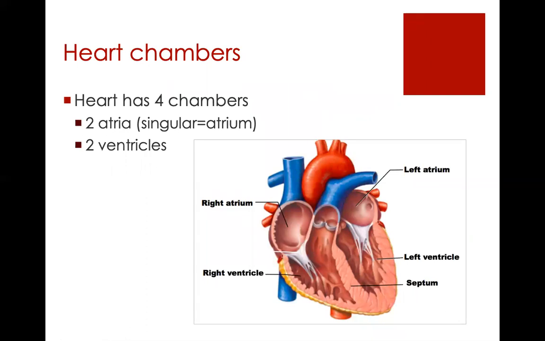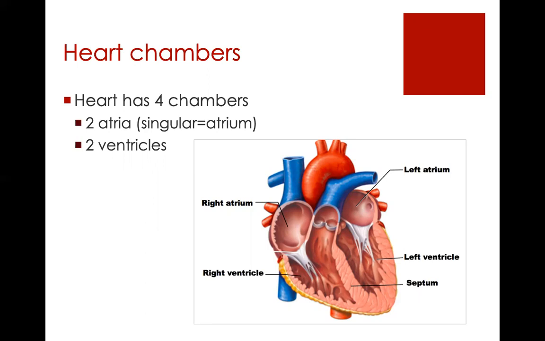So let's go ahead and dive in now into the 4 main chambers that make your heart a very strong pump. Regardless of whether you're looking at the right side versus the left side of the heart, you have 2 chambers on the top and 2 chambers on the bottom.